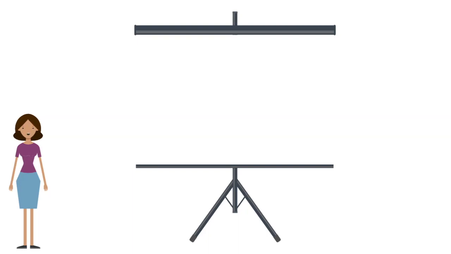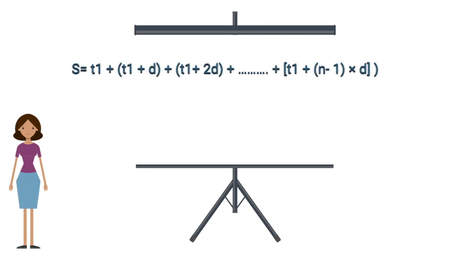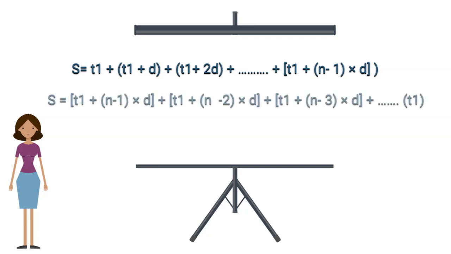For that, let us consider the sum of the first n terms, which is equal to S equals T1, plus (T1 plus D), plus (T1 plus 2D), and so on up to T1 plus (n-1) times D. Writing the terms in reverse order, we have S equals (T1 plus (n-1) times D), plus (T1 plus (n-2) times D), plus (T1 plus (n-3) times D), and so on up to T1.